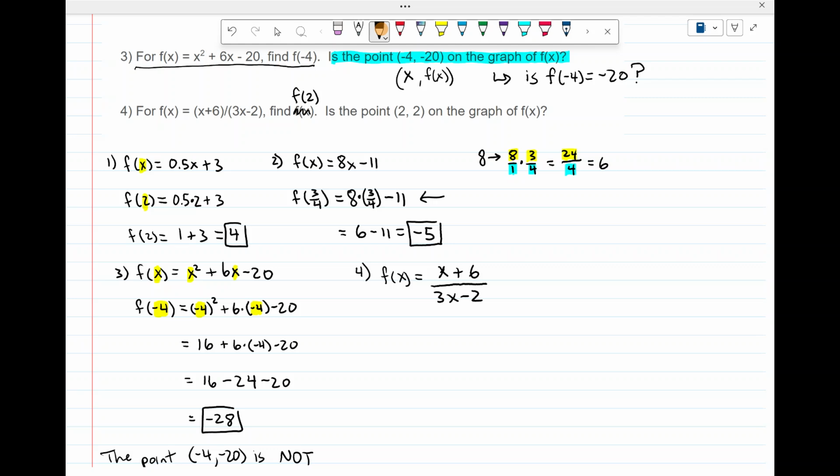So again, just like every other example we've done so far, I'm going to find f of 2, and I'm going to basically replace every x that I see with 2. And again, notice everywhere I have an x, I replace it with 2. Very simple.